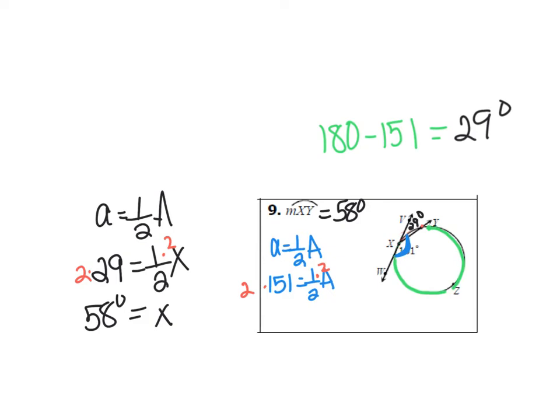Once we multiply by 2, we get that the arc is equal to 302. So this whole arc is equal to 302, and we know the whole thing is 360. We take 360 and subtract 302, and again we get 58. So this part of the arc is 58. So two ways to do it.